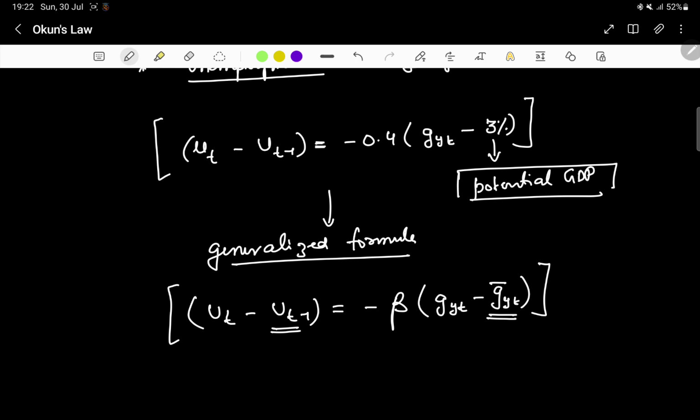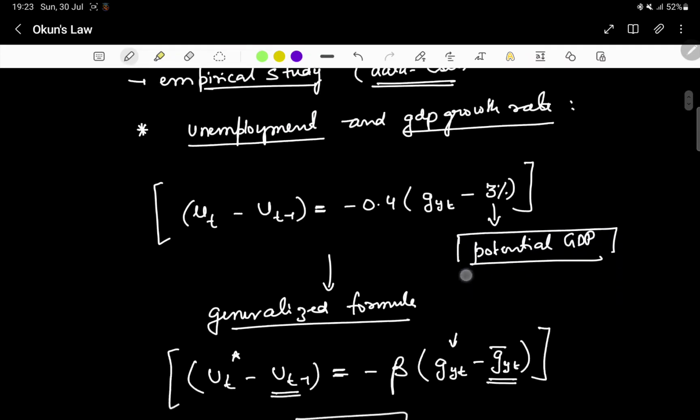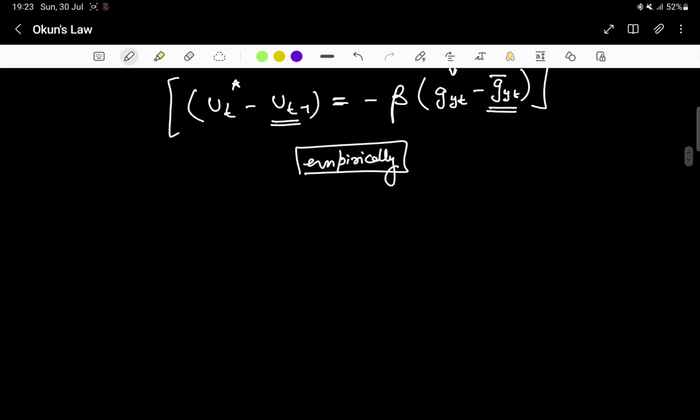So it is possible to achieve an unemployment rate corresponding to the growth rate or vice versa, because they were linearly dependent and there were no other factors, and it was empirically proven. So empirically it became important in understanding and analysis during that point in time, and this was called Okun's law.